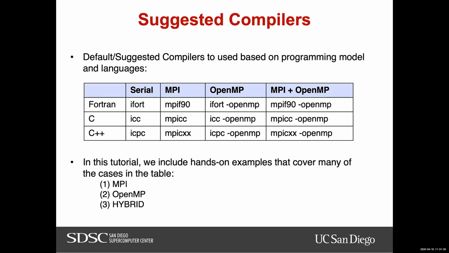All through the Comet user guide, you'll find these sections that they lay out in a table. Information about the languages supported, or at least these three popular languages. We have Python support as well, and the different parallel programming models over here: MPI, OpenMP, and hybrid. There's a table for GPU.